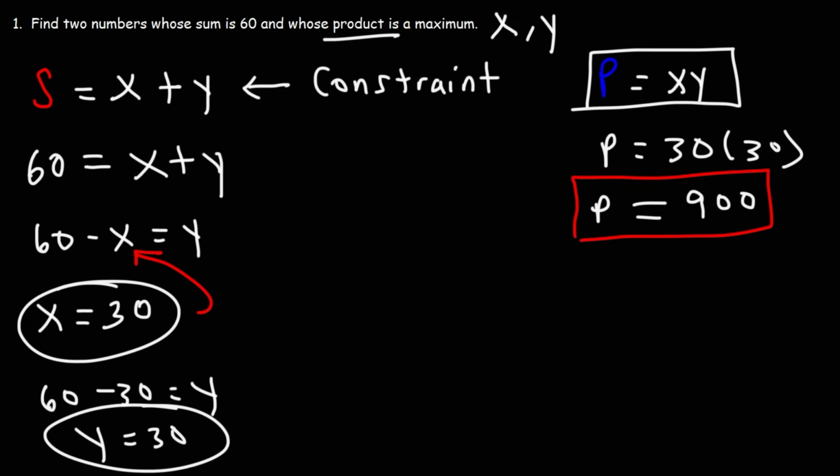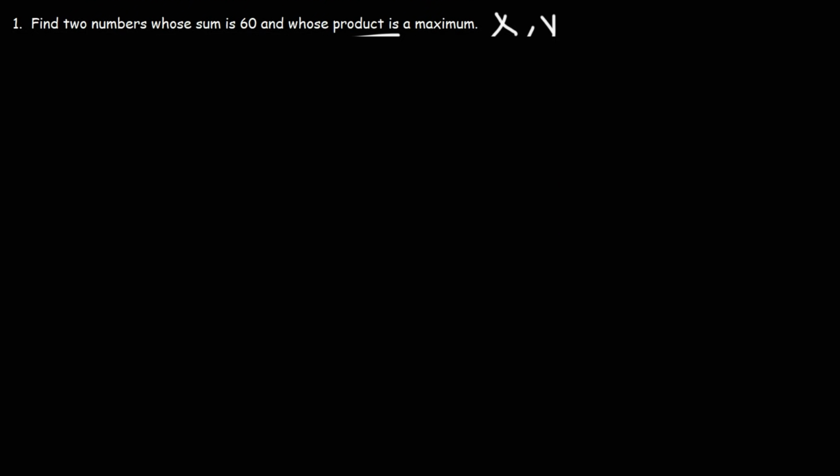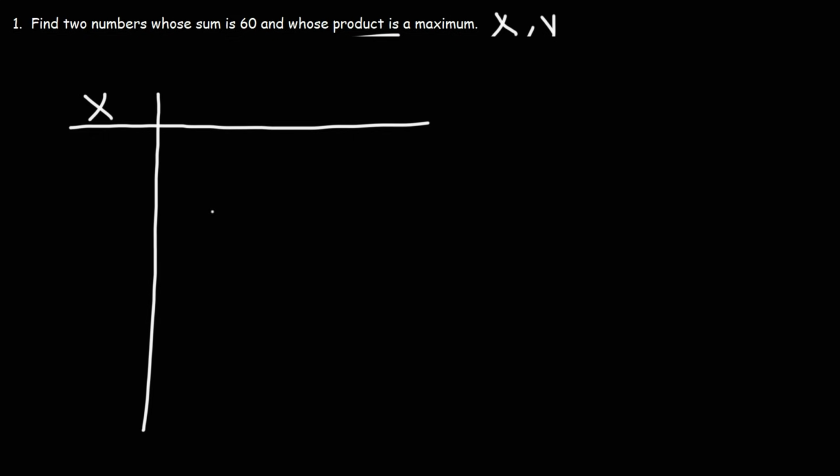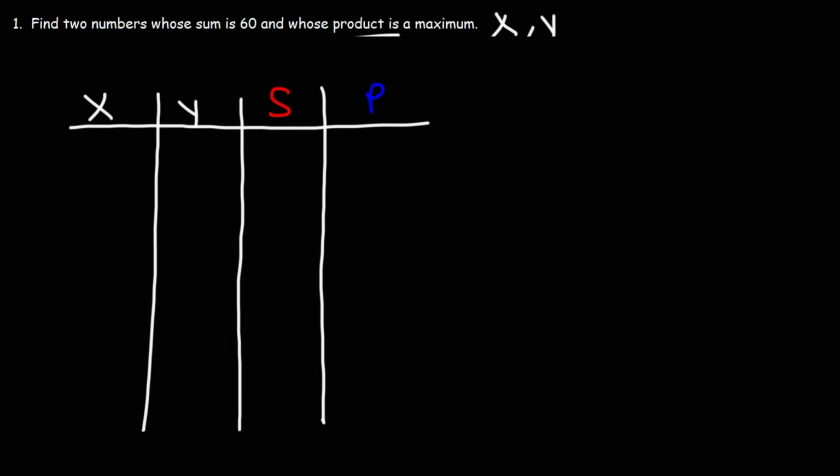Now let's make sense of these numbers. Let's check to see if we have the right answer. So what we're going to do is make a table. We're going to have x, y, the sum s, and the product p. The maximum product occurs when both x and y are 30. We get a maximum product of 900.